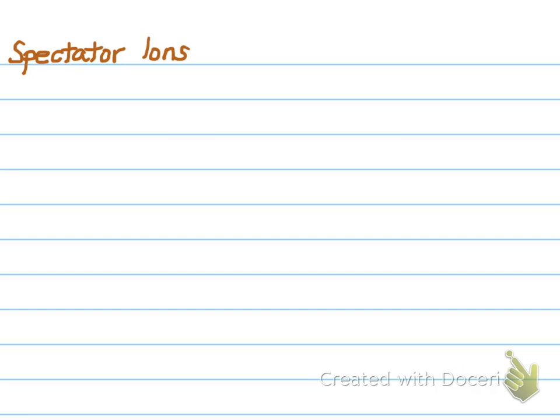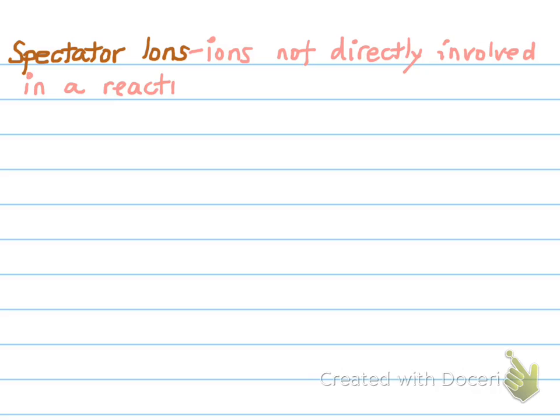So the definition of spectator ions: ions not directly involved in a reaction. Now, how are we going to know that they are a spectator ion?